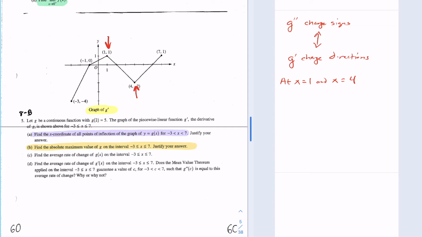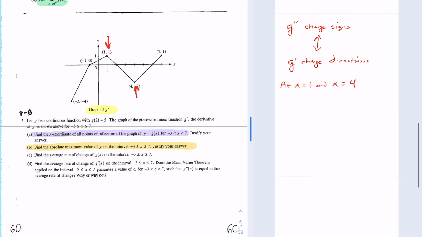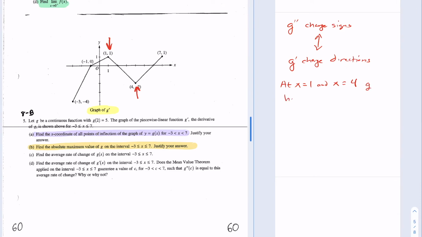So again, how do you justify that, right? So we know at x equals 1 and x equals 4, G has a point of inflection. AP readers will know what that means. Since G prime changes directions.